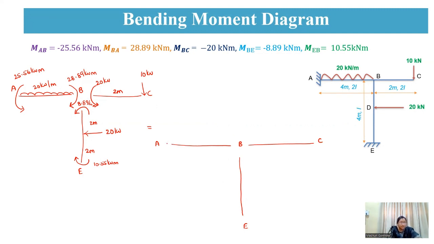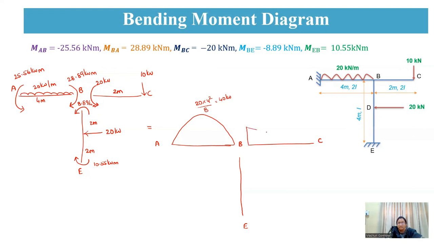For the simple bending moment diagram, here it is 20 into the span, here is 4 meters, so WL square by 8. So WL square by 8 is 20 into 4 square by 8, so that means this will be equal to 40 kilonewton meter. And here it is a cantilever, therefore it is having a hogging moment of 20 kilonewton meter.